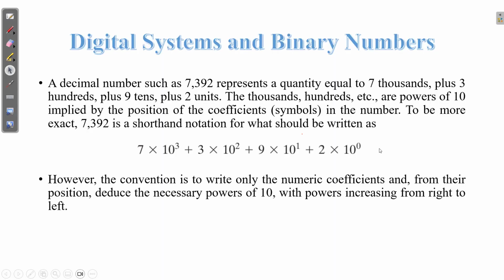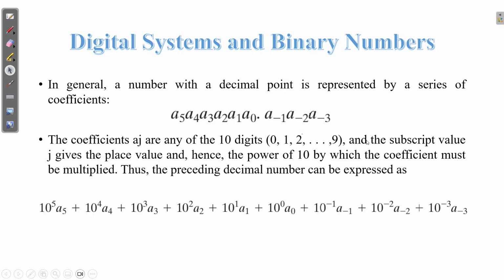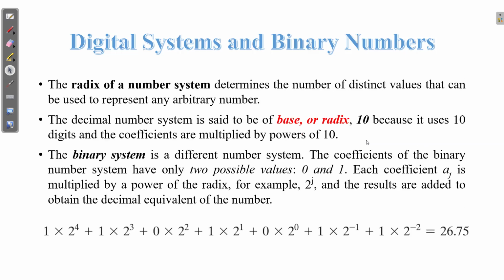And you can see that in the case of the decimal system, we can represent numbers in this form, and generally, I explained that we can represent numbers in this form and expand them as you can see here.